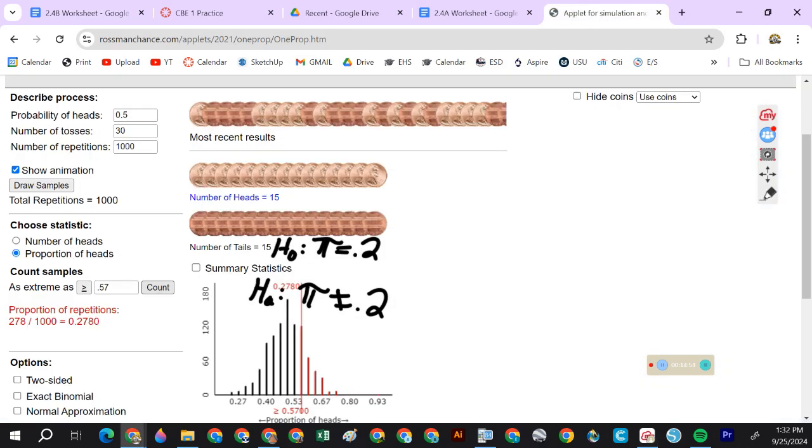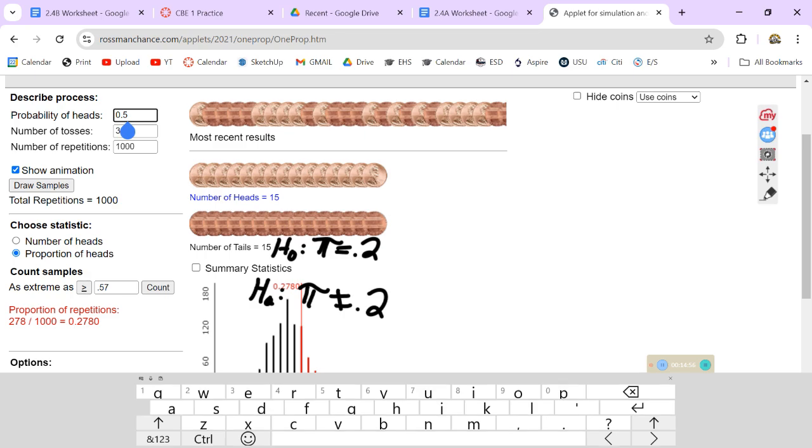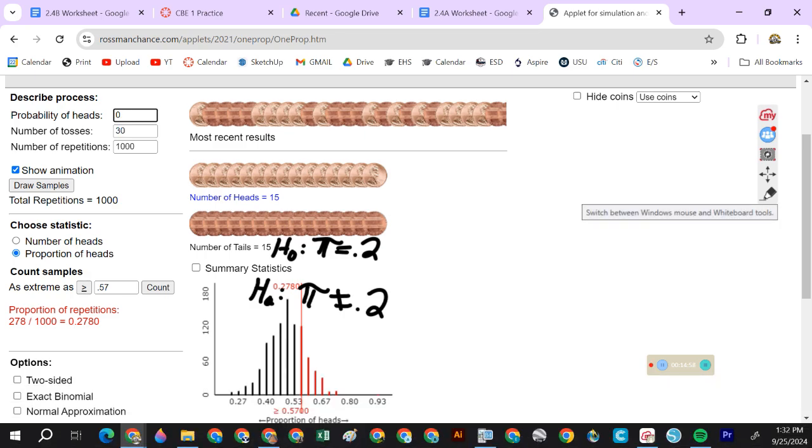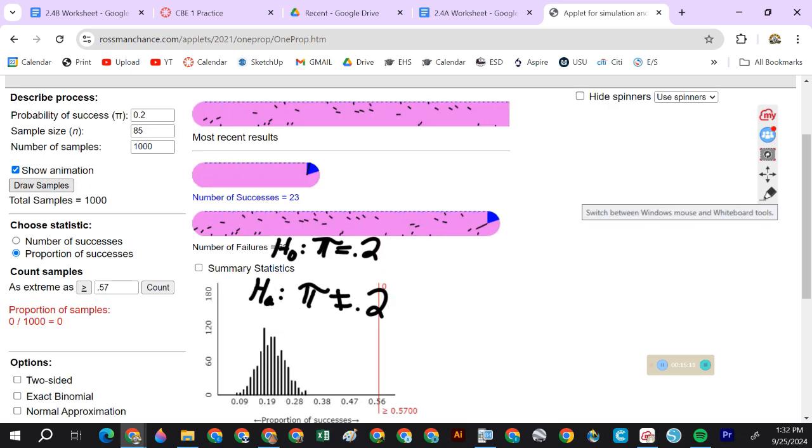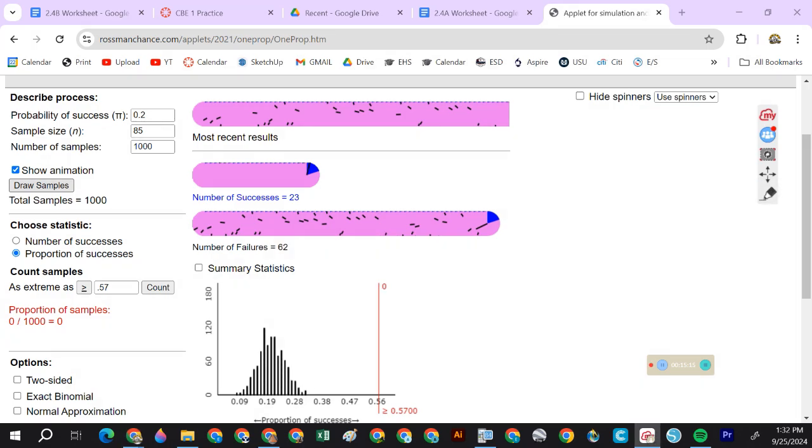So let's go over here. Our probability of success is 0.2. Our sample size is 85, and we'll do 100 or 1,000 simulations. Am I going to do greater than or less than?